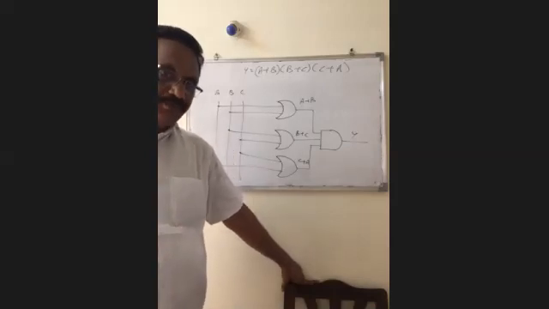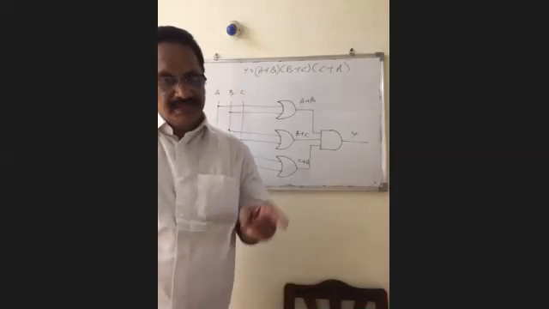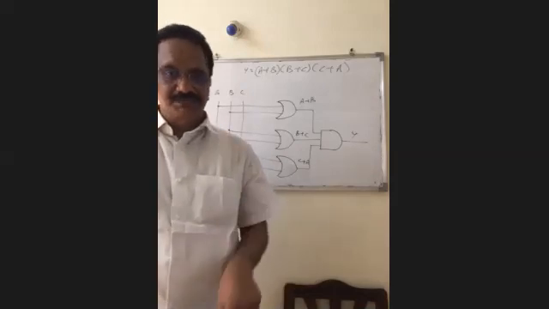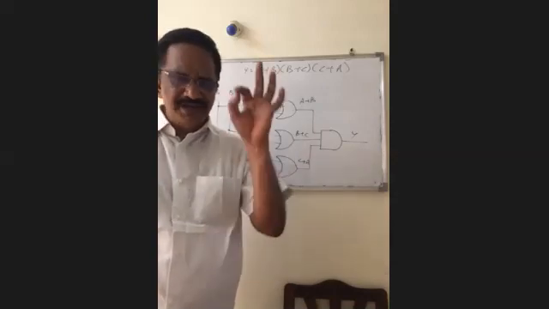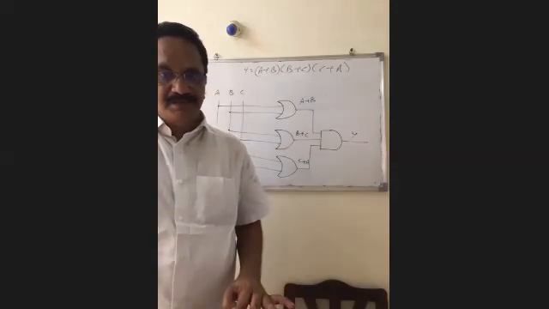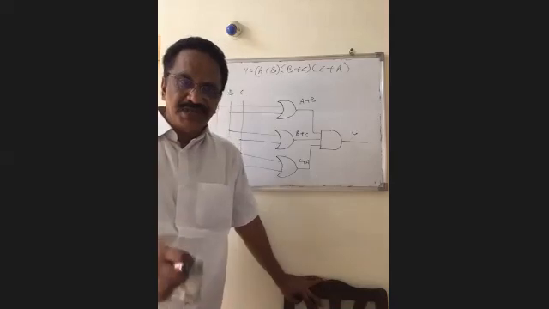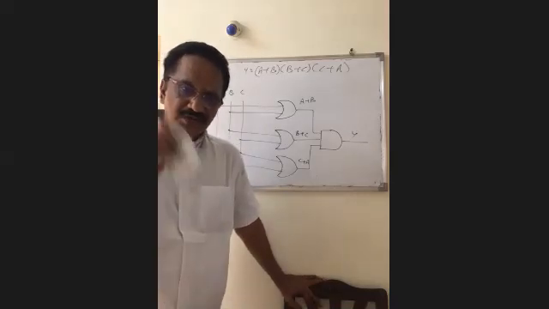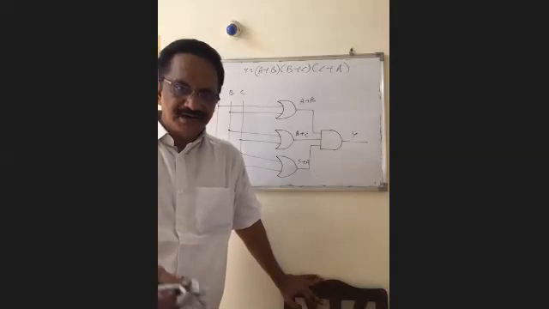And here one more important point is to realize either SOP or POS expressions by using only NAND gates, or by using only NOR gates. We can realize SOP expression by using only NAND gates. Similarly, by using only NOR gates.